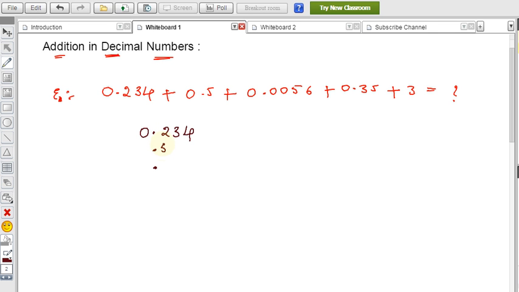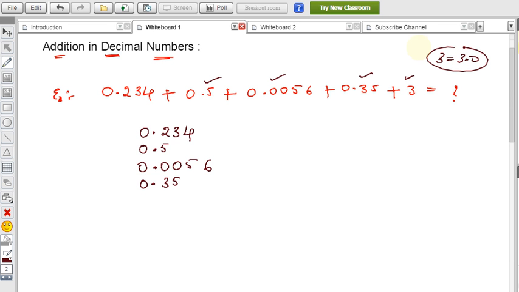Now you have 0.5 as the second. The third one is 0.0056, that is 0.00 and 56. Next, the fourth is 0.35. Next it is 3. As I said, 3 we can write as 3.0 also.